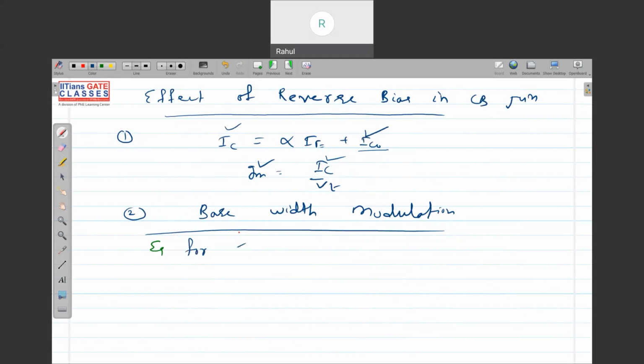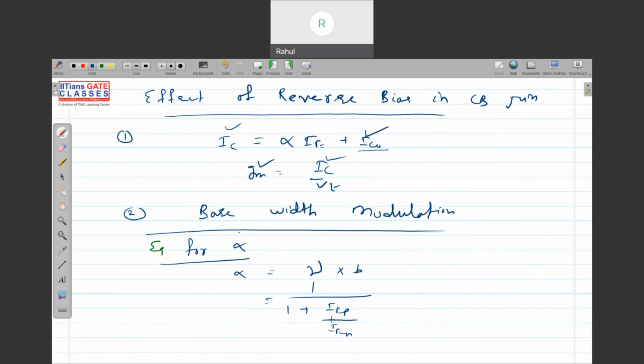Expression for alpha. We know alpha is equal to the emitter injection efficiency into the base transport factor. The emitter injection efficiency is equal to 1 plus IEN by IEP, where IEP is the current due to injection of holes from emitter to base, and IEN is the current due to injection of electrons from base to emitter.